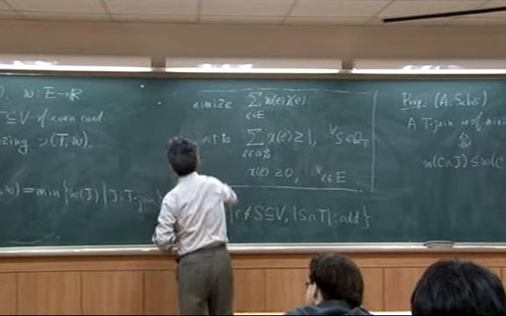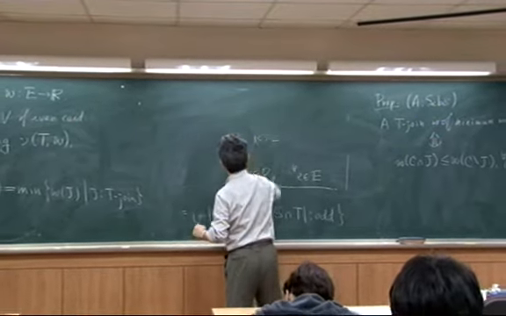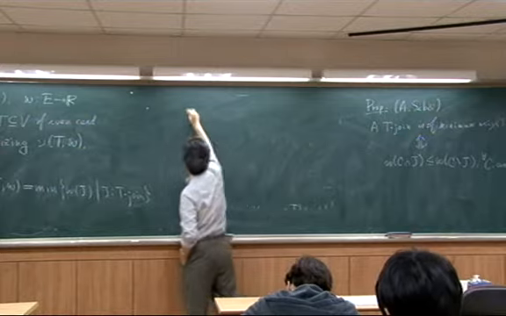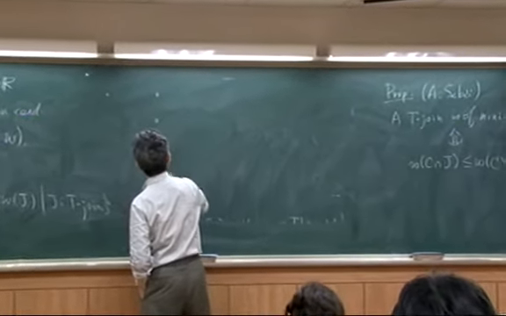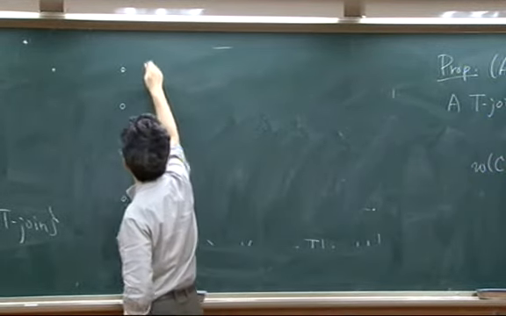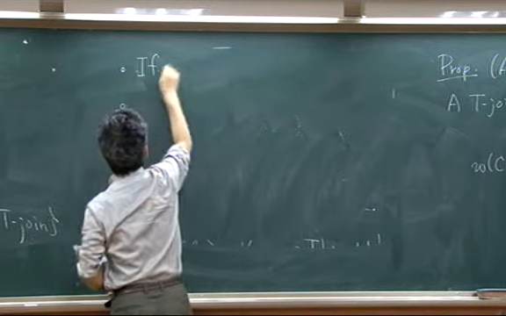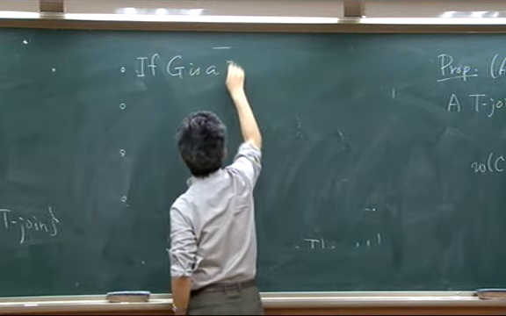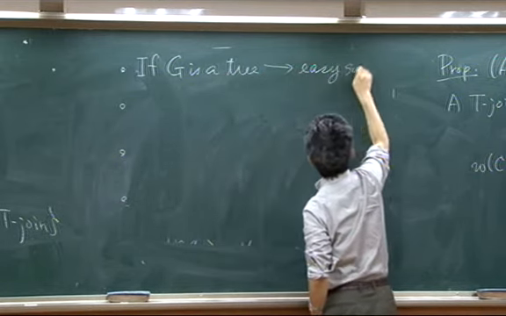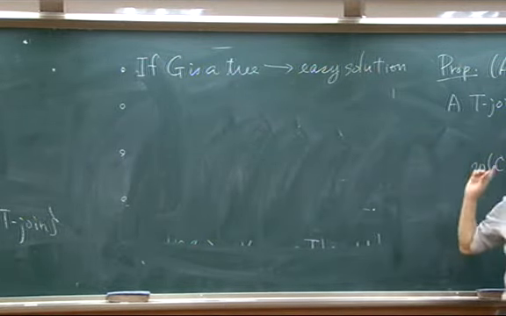I will write down four results. First, for trees: if G is a tree, then it is easy to solve this problem.